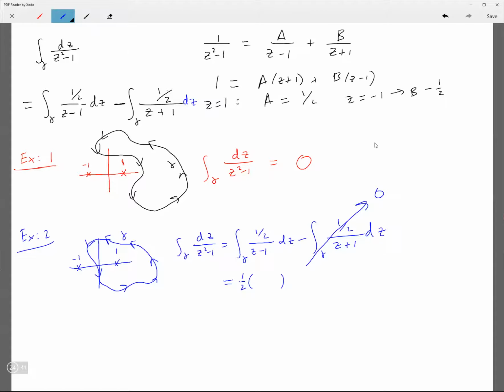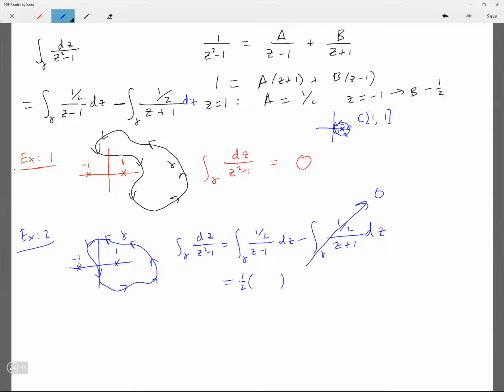Okay, let me work it out for you, okay? So it's going to be the same as if we drew a circle around with the positive orientation. And the circle could have center 1 and radius 1 or radius r, doesn't matter.